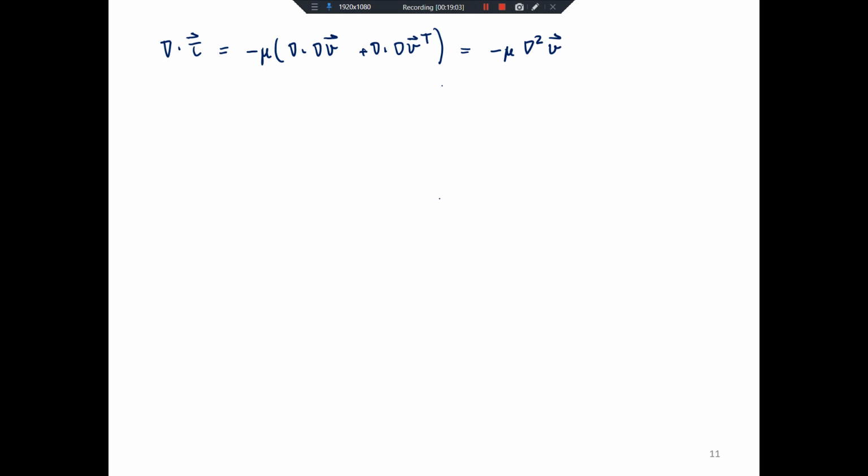Okay, so now remember that what we had is that d(rho v)/dt is equal to minus the divergence of my general vector c plus rho g.